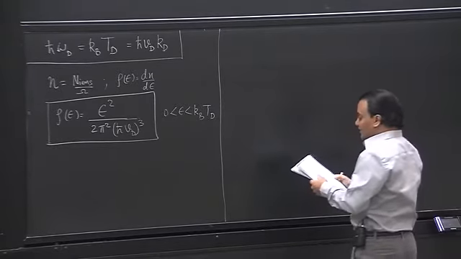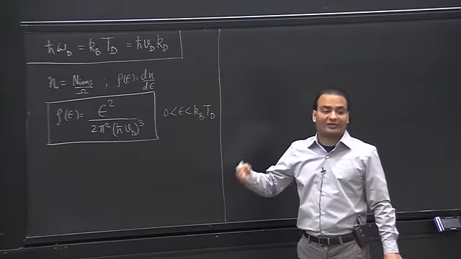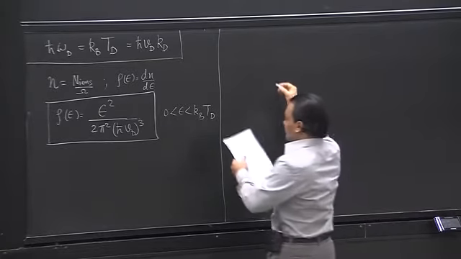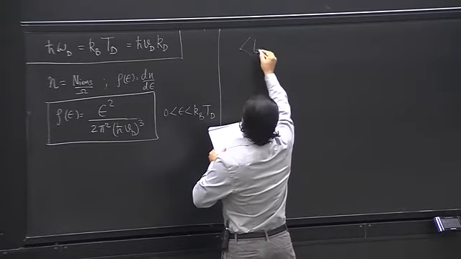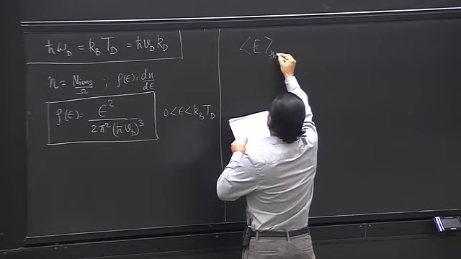Our goal is to calculate the energy of the lattice as a function of temperature. So what we want to do is calculate the expectation value of the Hamiltonian, basically.